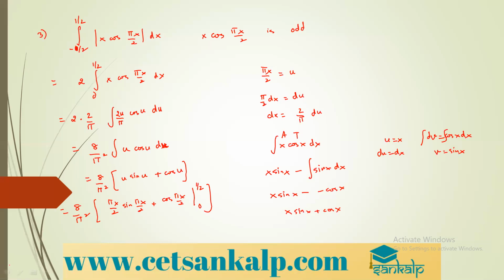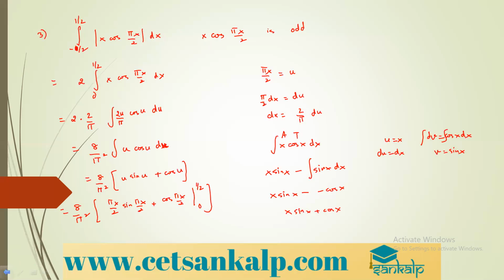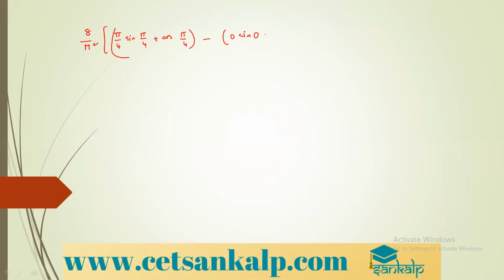So pi by 4 sine pi by 4, pi by 4 sine pi by 4 plus cos pi by 4. And then minus 0 sine 0, because the lower bound is 0. So 0 sine 0 plus cos 0.